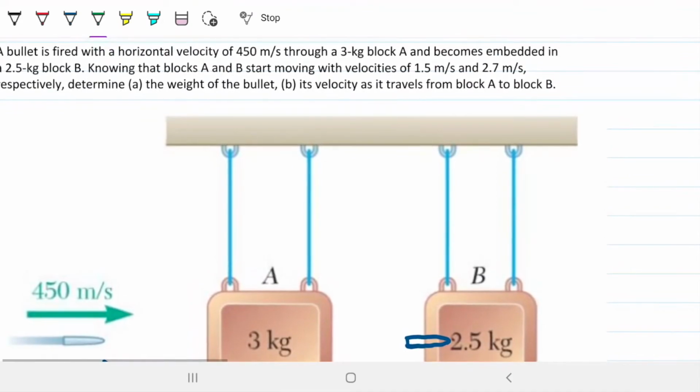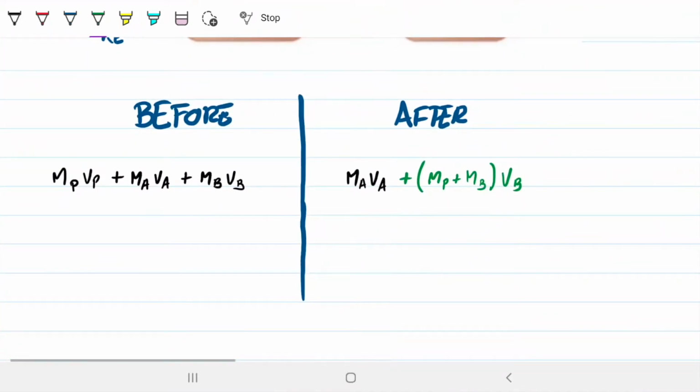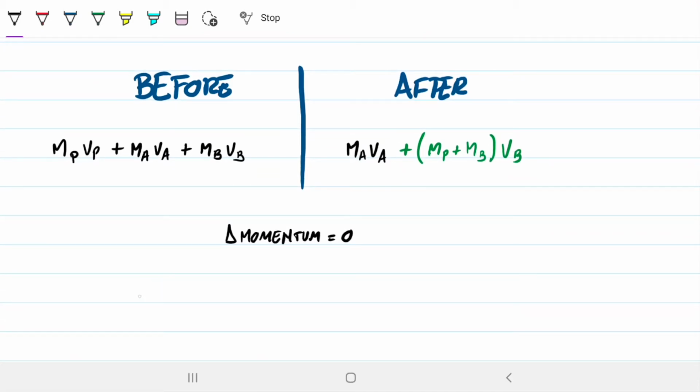So we have everything we need, because now conservation of momentum tells us that, first of all, these guys are at rest before the bullet touches them, so these two are zeros, they go away, and then we have everything else.